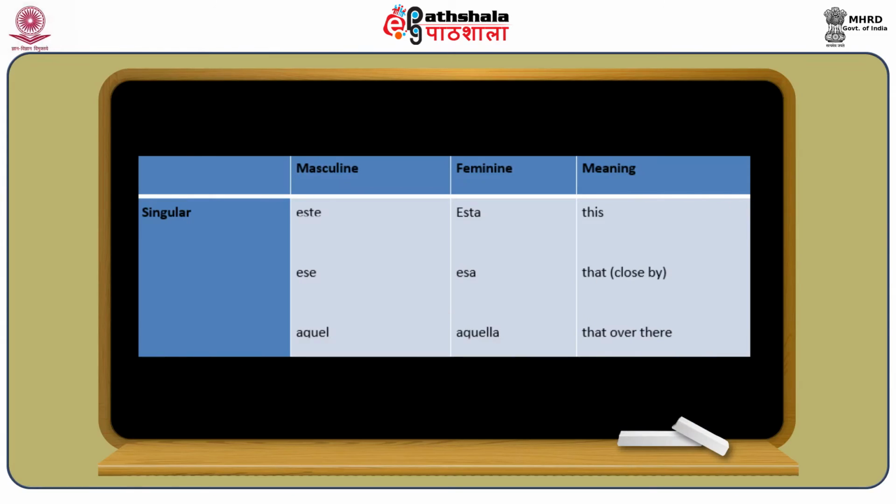However, adjectives and determiners have to agree in number and gender with the noun that they associate to. Therefore, there are 12 forms of demonstrative articles in Spanish. When we want to say this, for masculine singular it is este, and for feminine singular it is esta.